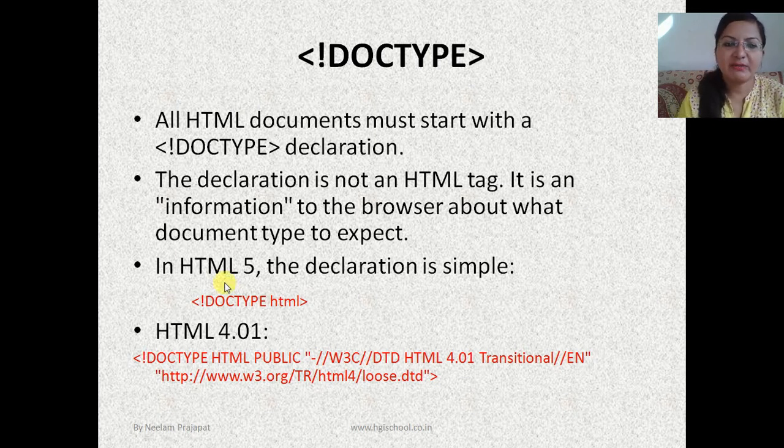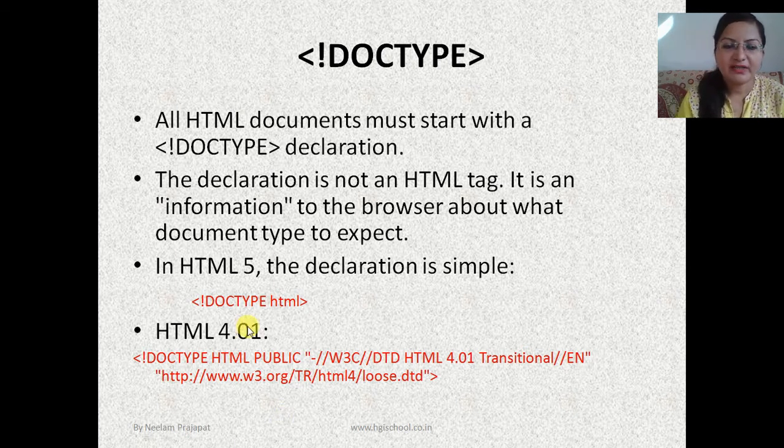So in HTML5 it is declared like this. Okay, less than symbol, exclamation mark, and then doc type. You can write doc type in capital and small both, because HTML is not case sensitive. Okay, followed by HTML. And if you are using the lower version, like we are using lower version, so we can use HTML 4.01. Some advanced tags have been introduced in HTML5, and that is why it is different from HTML4.